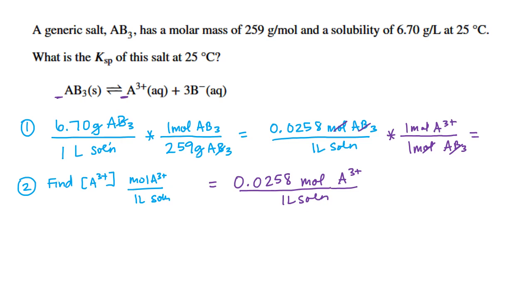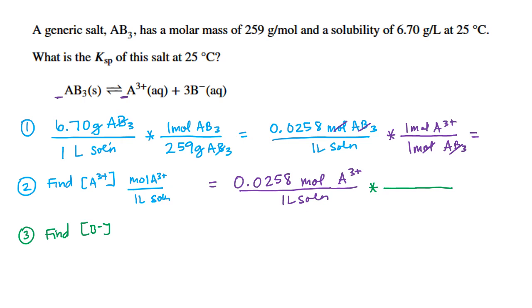Next step, step number 3, is to find the concentration of B-. To do that, I can either start right here with moles of A3+, or I can start with moles of AB3. Since this is here, we'll just start with this one. I'm going to take A3+.